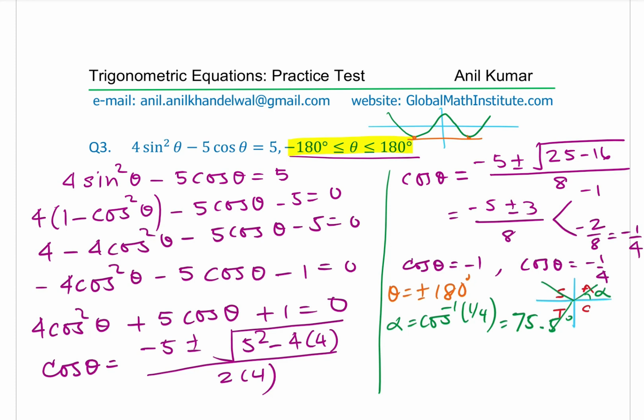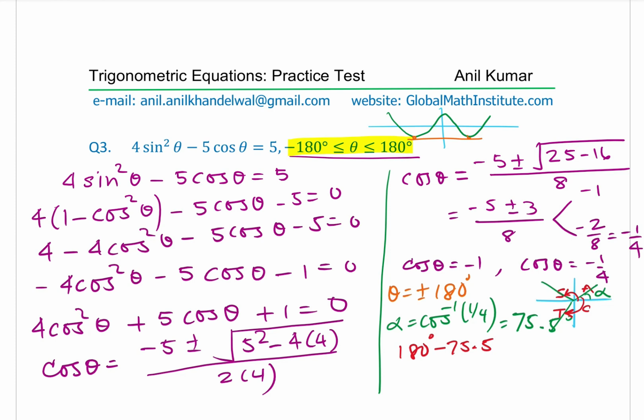So the values are, so we could go like this, that is less than 180 degrees, and we could also go like this. So the solution is 180 degrees minus 75.5, correct? That is one. Going from the positive side, since we want plus and minus.